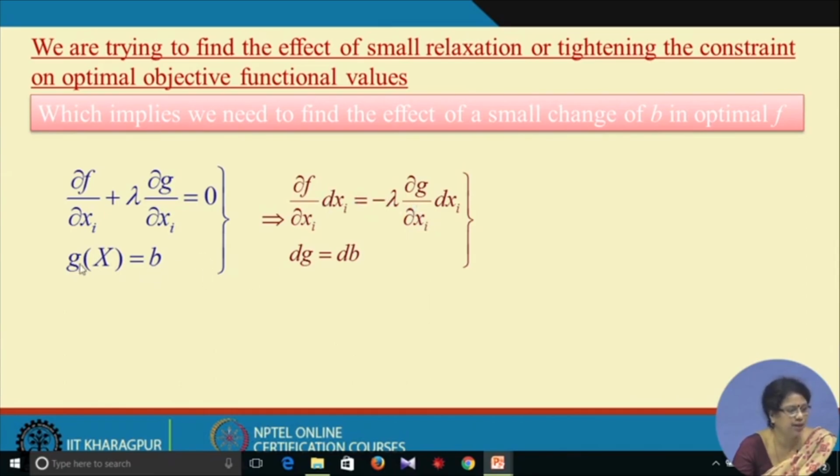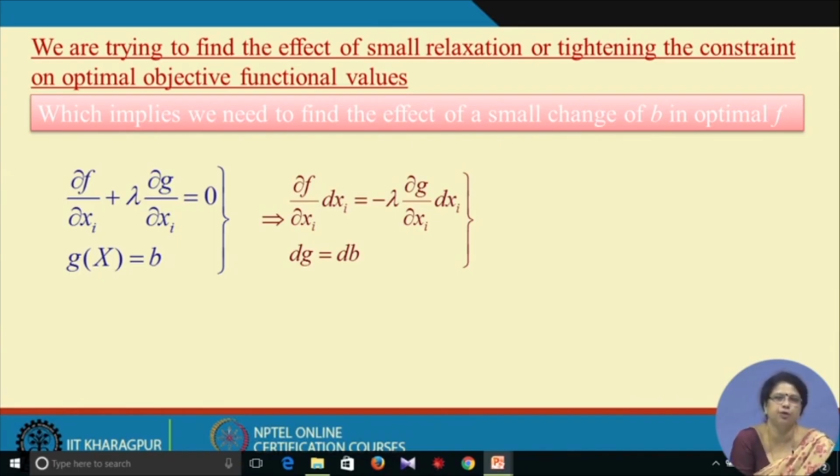And from here, since g is equal to b, we are considering dg is equal to db. You may ask me that b is a constant, why are we differentiating? g is a function of several variables, we can differentiate, f we can do, but why are we considering b? Because the significance of the Lagrange multiplier is there when we consider the sensitivity of the said nonlinear programming problem.